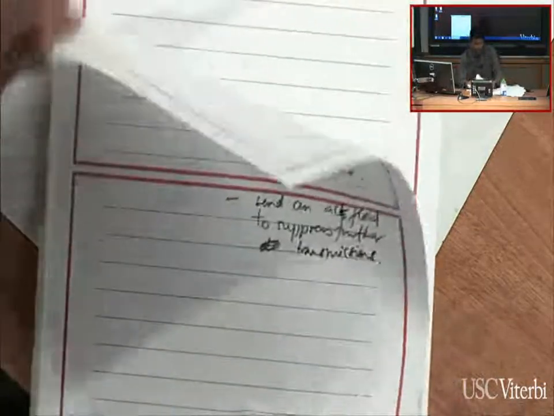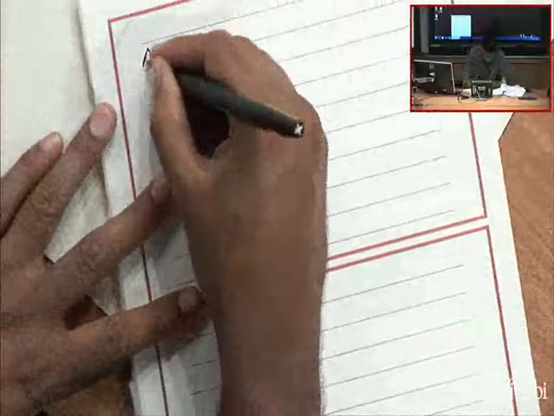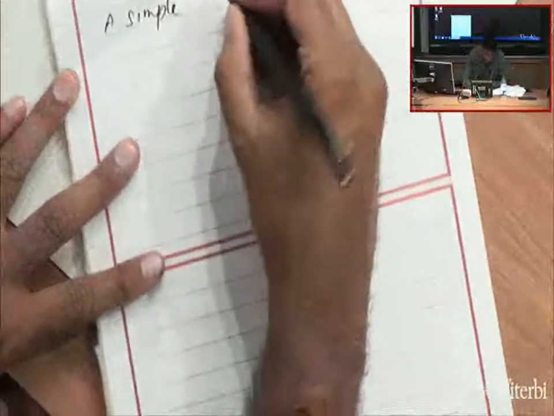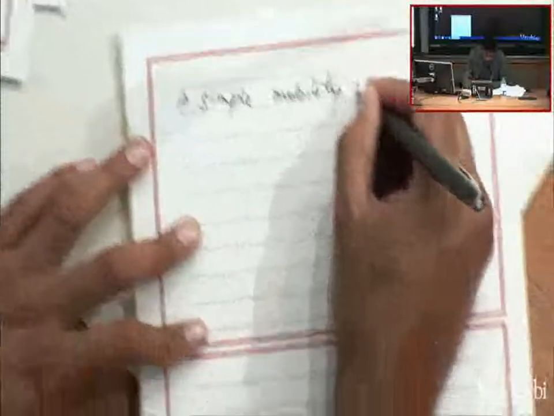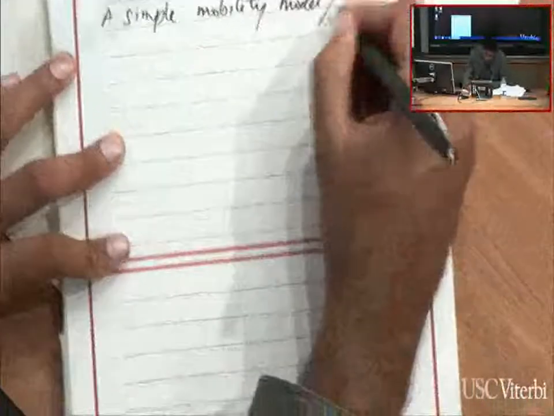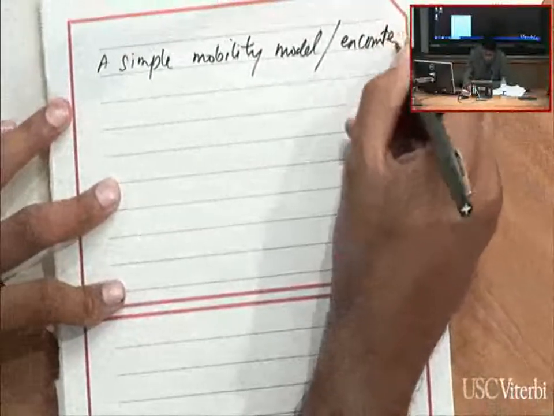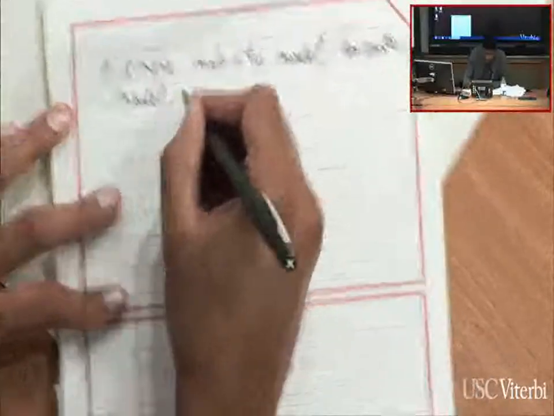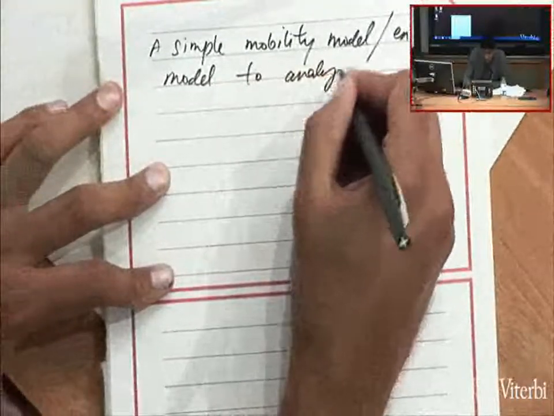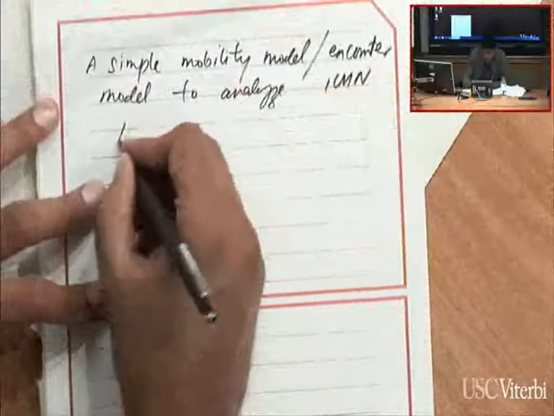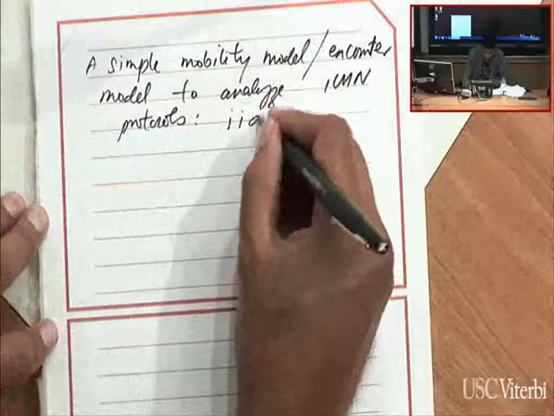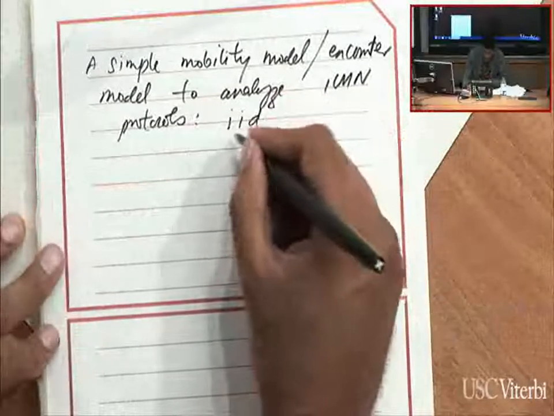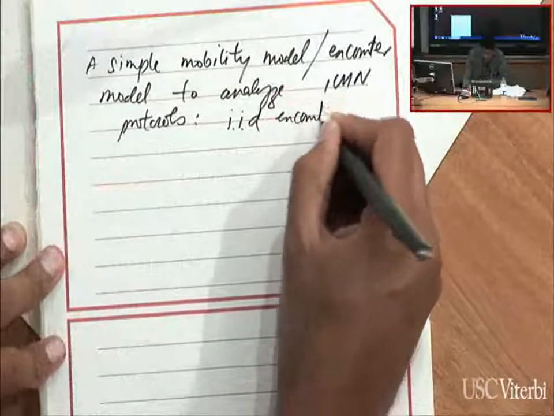And so in order to deal with that issue, we sometimes consider a very simple mobility model, or rather encounter model, to analyze DTN protocols. Okay? And that model is simply called, and you'll see immediately why, the IID encounter model.